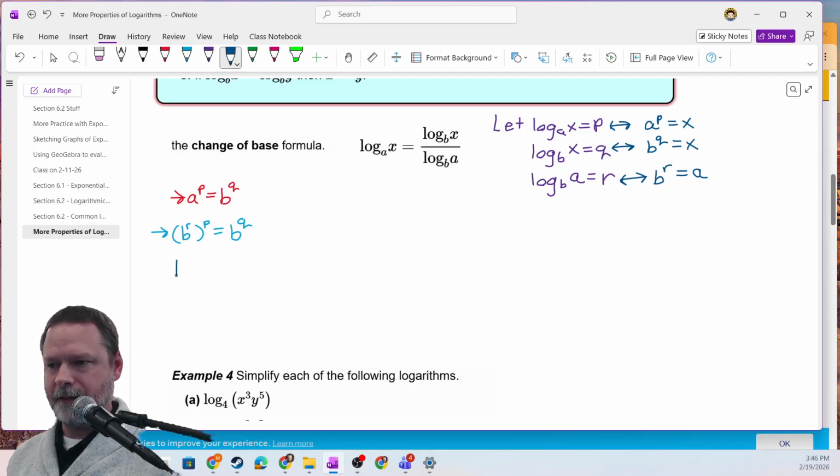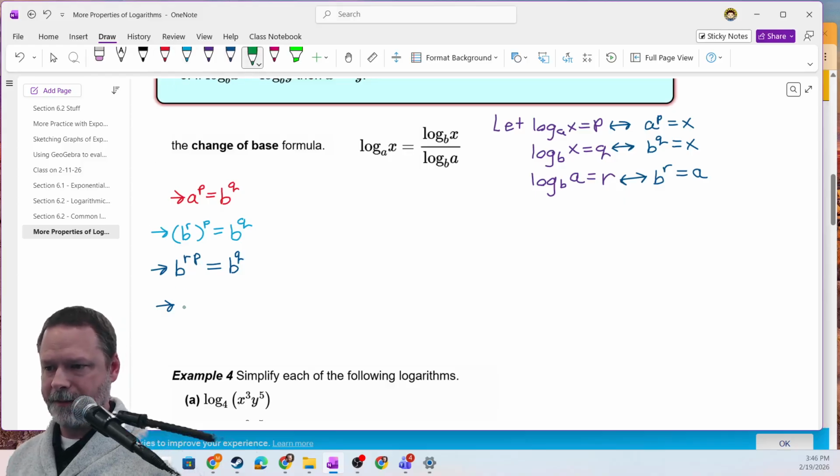Because now we got a power raised to a power, which is just a product. So this is b to the rp equals b to the q. Well, if you have the same base, the exponents must be the same.